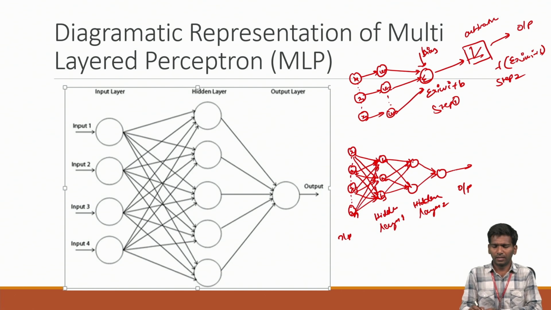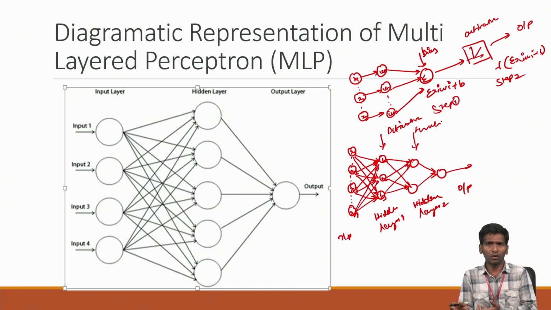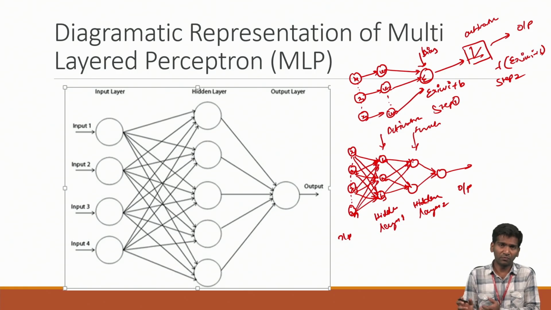So this is how we represent a multi-layer perceptron. Here we'll add activation functions for hidden layers as well as inputs and outputs, to fire the neuron.